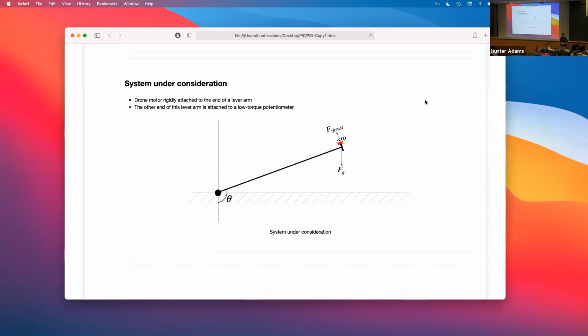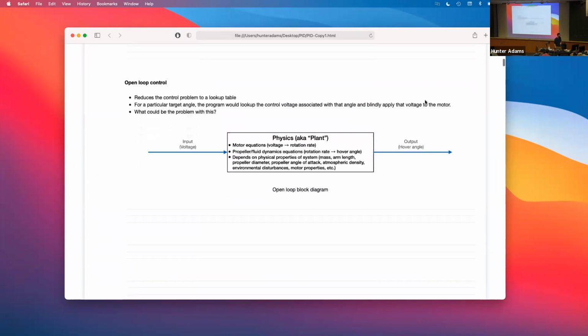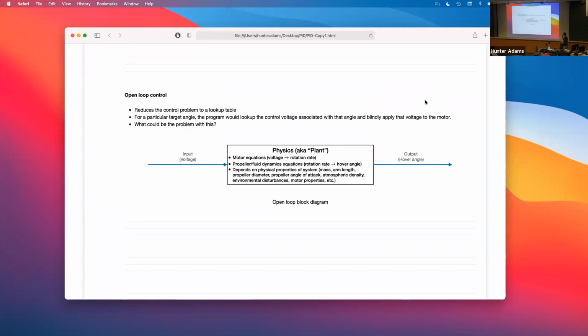So as we talked about last time, one way that you might consider controlling the system is open loop, which is what a lot of you did last week, and what a lot of you are also still working on this week. Open loop control being, we experimentally determine which applied voltages are associated with which angles, right?